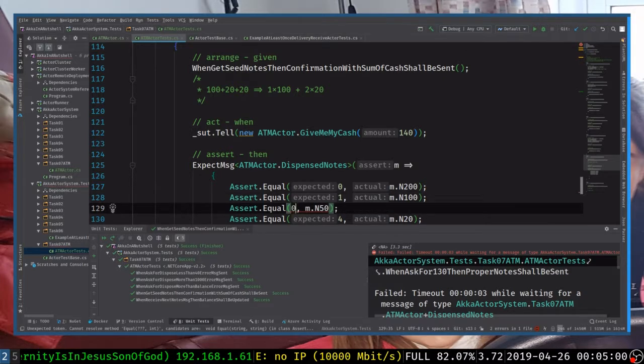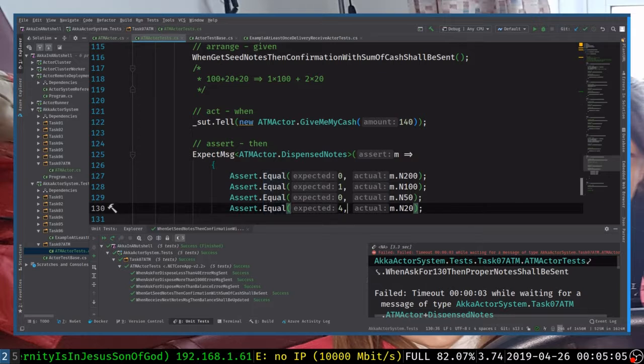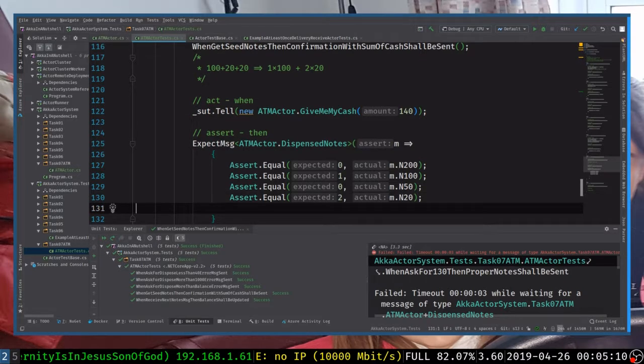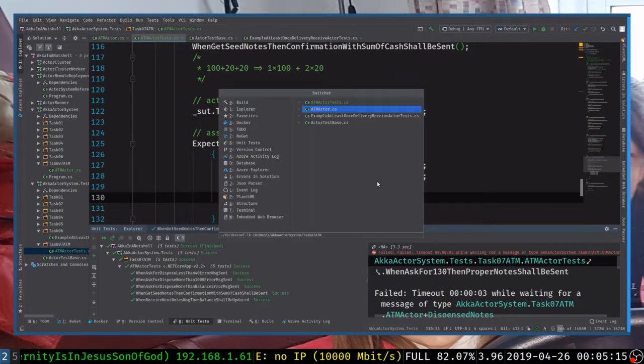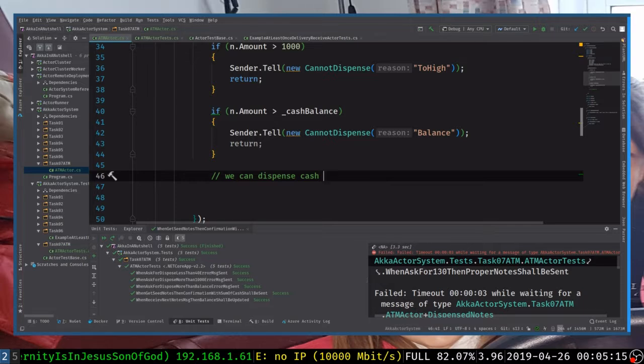Test the thing 0 and 2. Okay. Expected 240, and that's altogether gives us the amount.